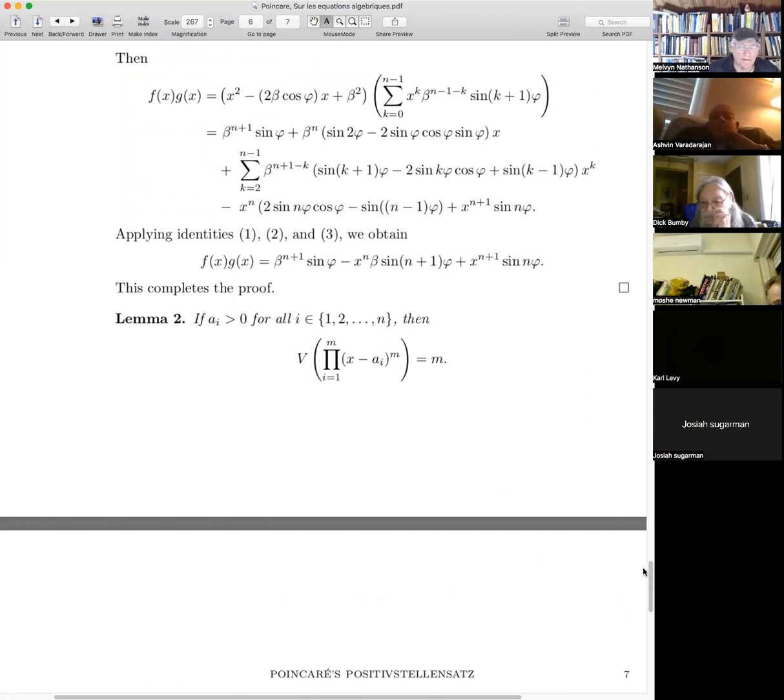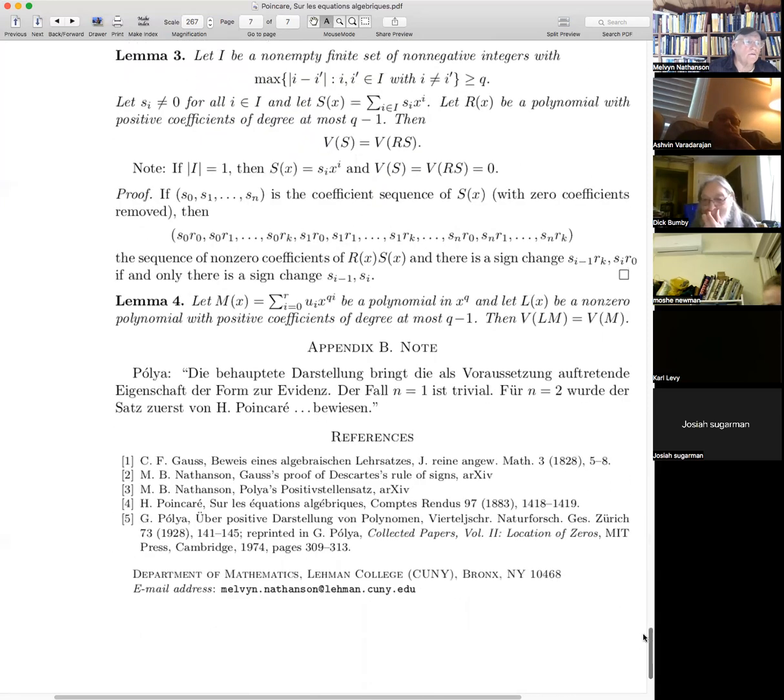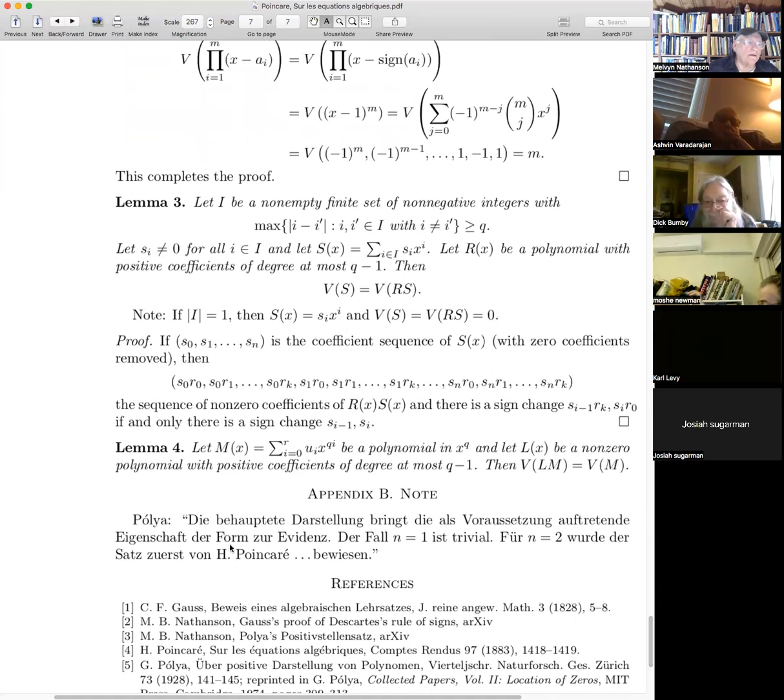It takes about a page and a half in the Comptes Rendus. And you might wonder for a minute about Polya's statement, because remember, Poincare is proving something about polynomials in one variable, and Polya says that is evidence for his general theorem about homogeneous polynomials in several variables.